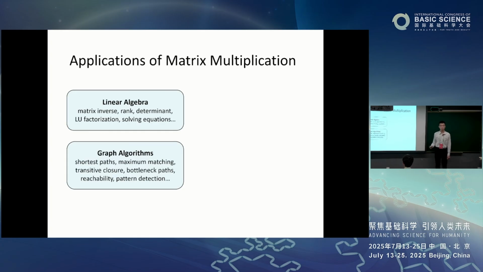So one reason people care a lot about matrix multiplication is because it has many applications. In theoretical computer science, the applications mainly lie in two main categories. The first one is linear algebra.